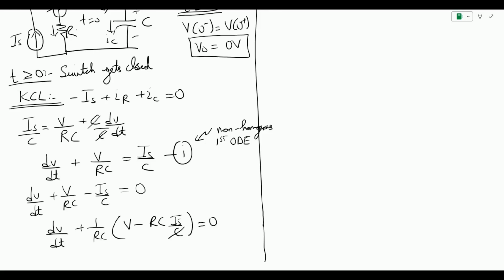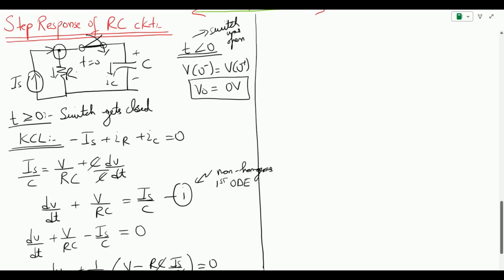So this capacitance value will cancel out, and thus our equation will be dV by dt plus 1 by RC (V minus R IS) equals 0. So this is the equation that we have now. We have tried to equate it to 0.